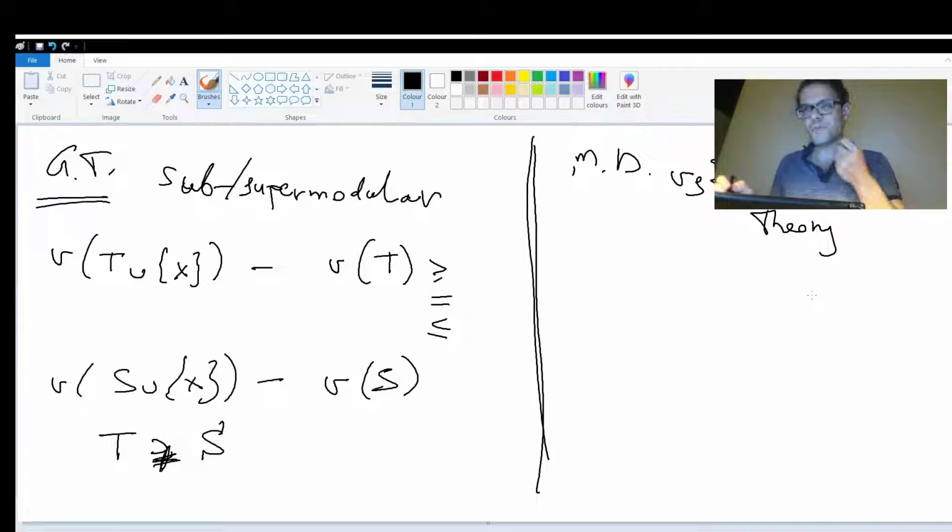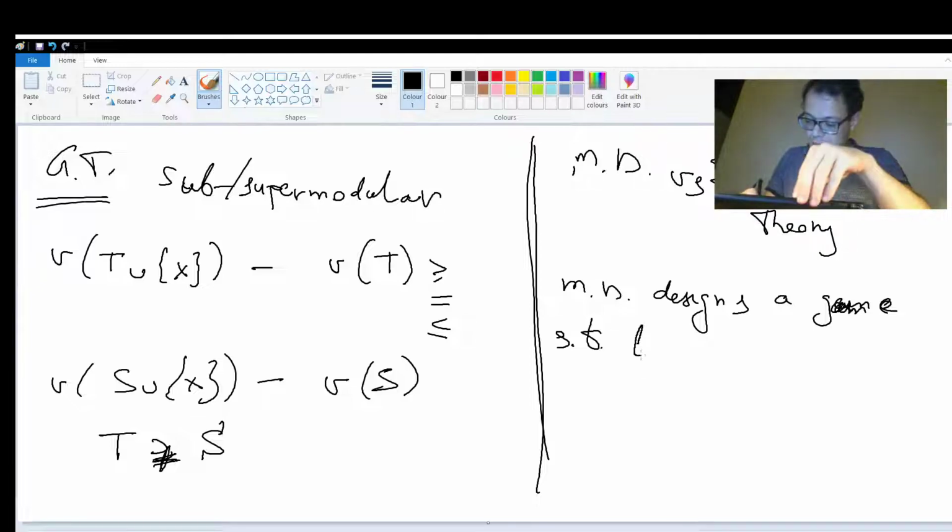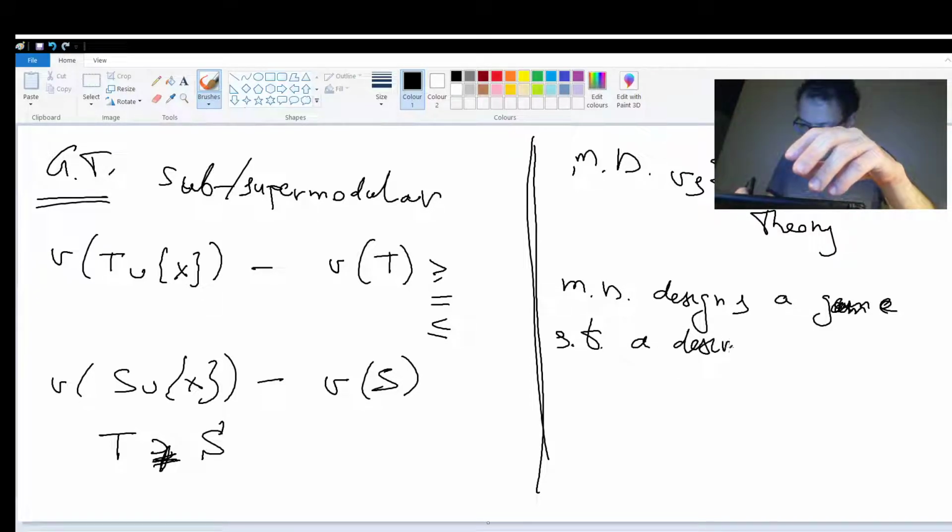So mechanism design designs, sorry for the tautology, a game. For example, it designs the laws of the country such that a desired behavior will take place.